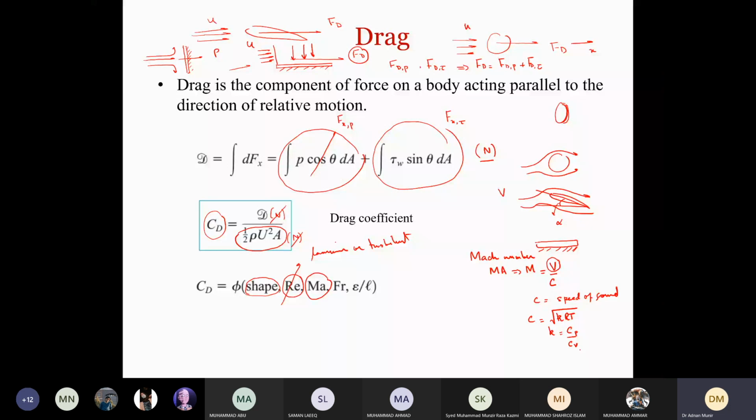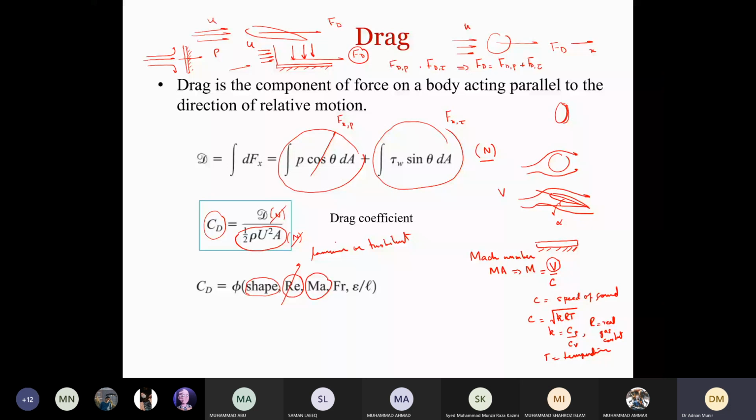R is the real gas constant. And then T is temperature. So now you can see that the speed of sound is dependent on the temperature. For different temperature, it will be different. For different specific heat ratio, it will be different. For different gases, it will be different. Now the ratio of V divided by C, incoming flow to the speed of sound, is called Mach number.